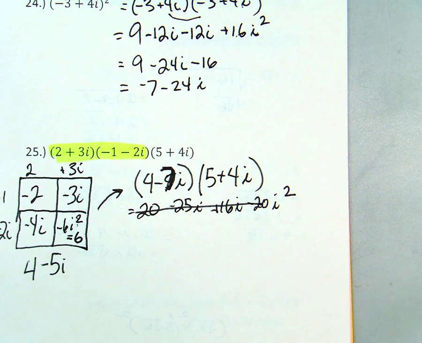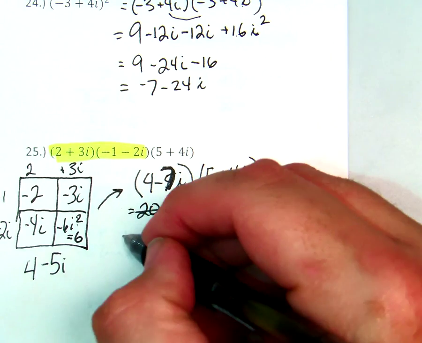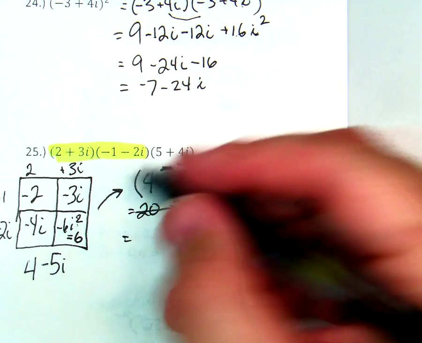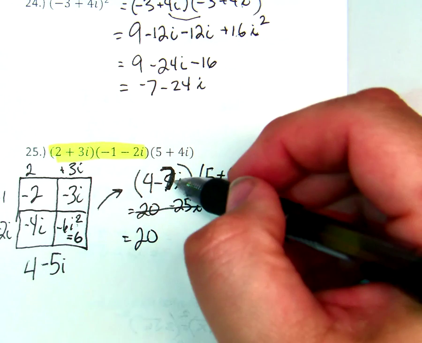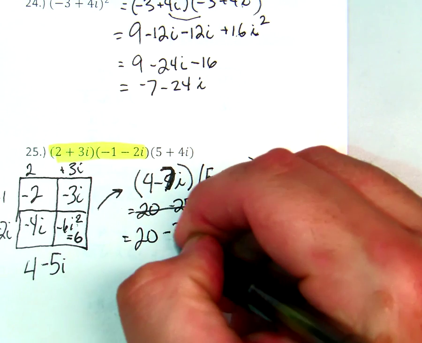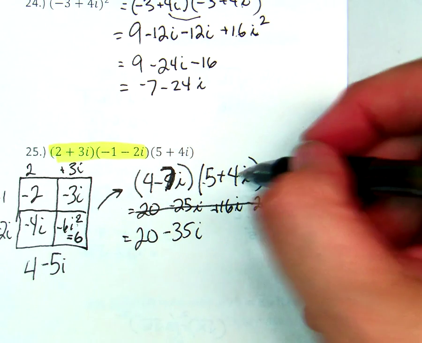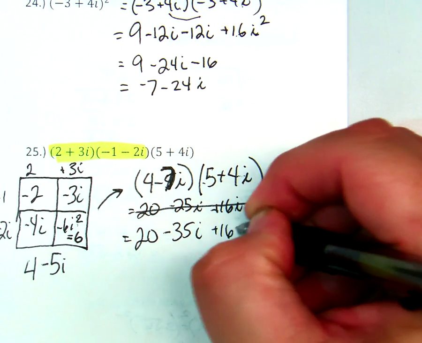Then we redo this. 4 times 5, 20. Inner terms, negative 7 times 5 is negative 35i. Outer terms, that's still plus 16i. The last terms are negative 28i squared.